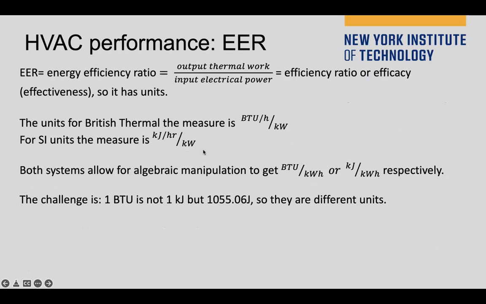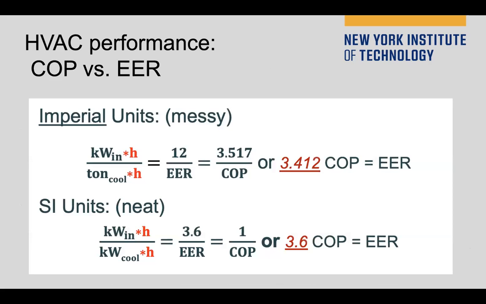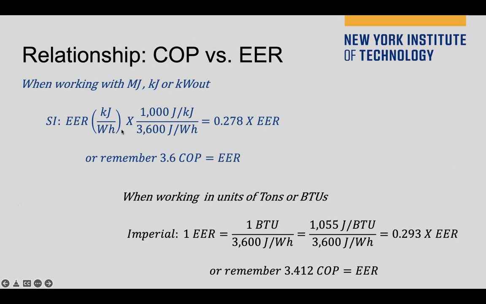With this variance, the first step is to synchronize the units. EER has kilojoule, an energy unit, over hour. We need to make the conversion because the units are different. Kilojoule to joule, we need to multiply by 1,000.